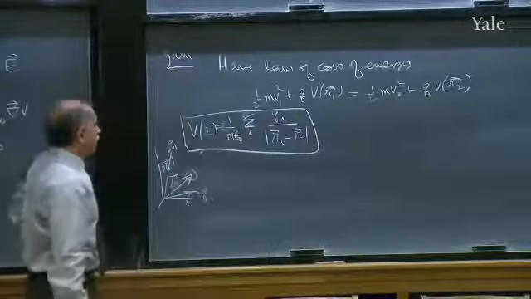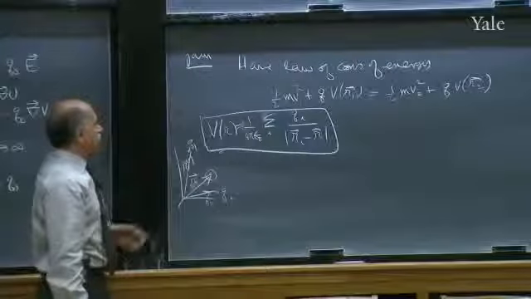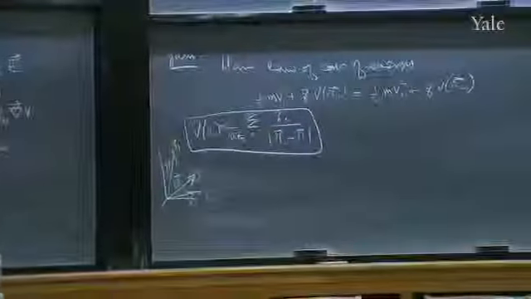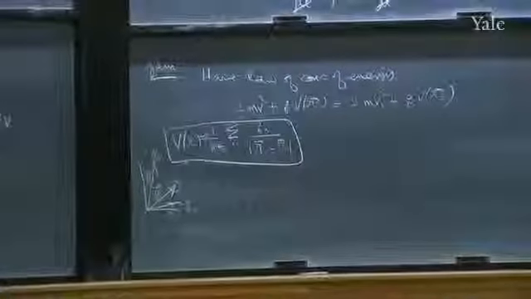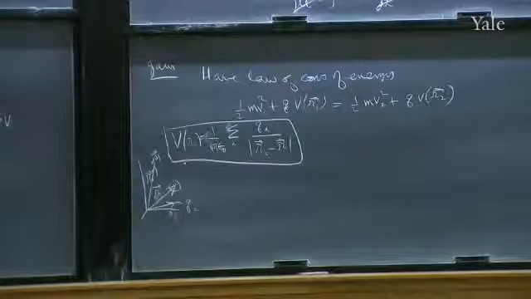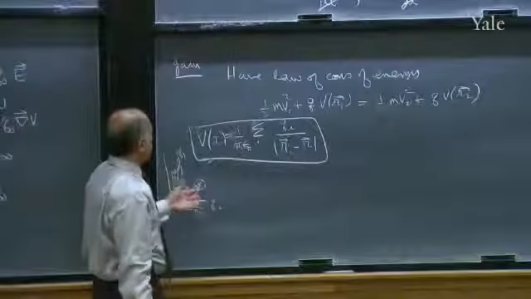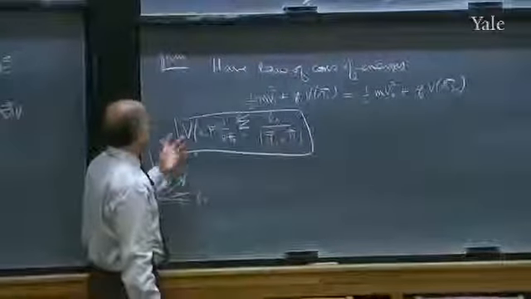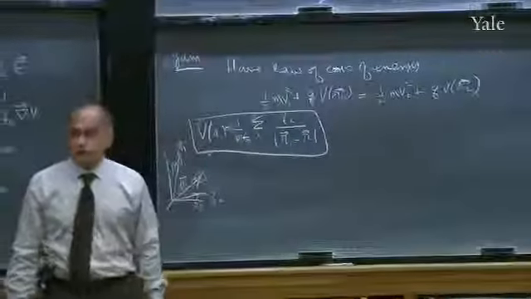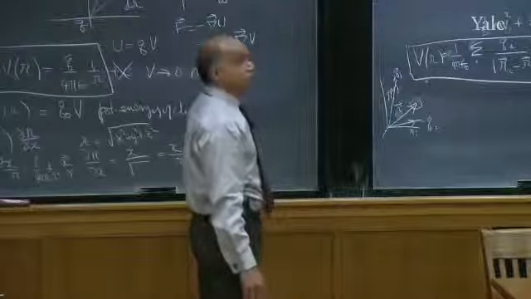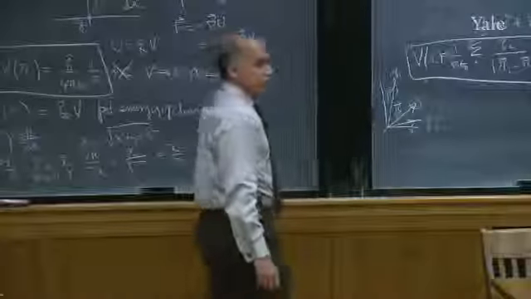And if the charges are not discrete but continuous, you can write an integral. So in every problem, you first find the potential by adding the potential from all the charges, then its gradient will give you the electric field. But we now have a law of conservation of energy with this as the conserved energy.